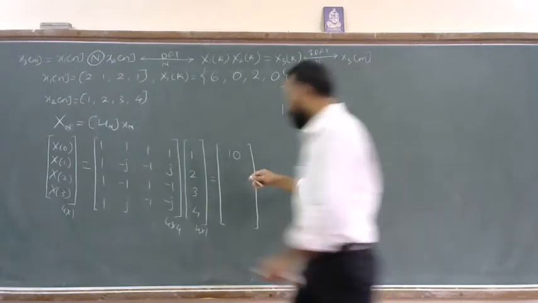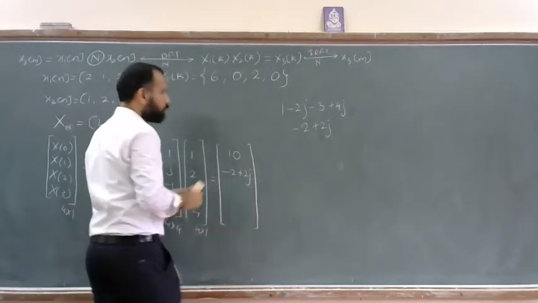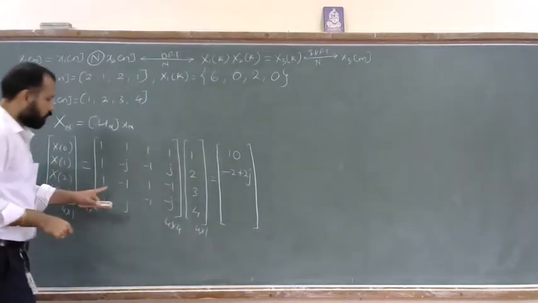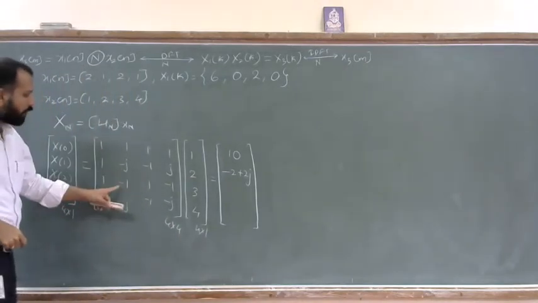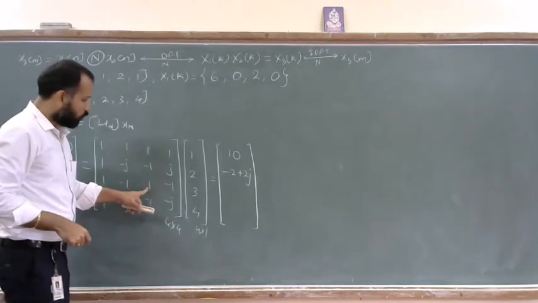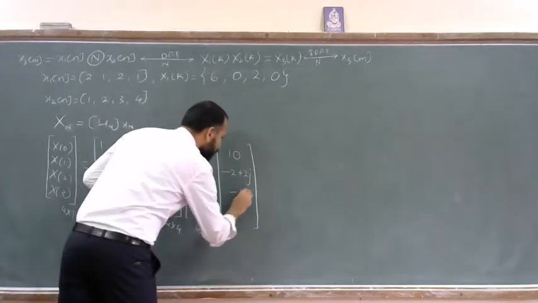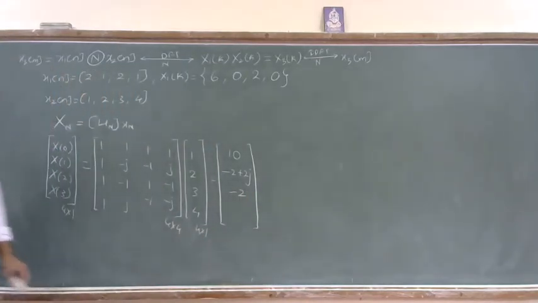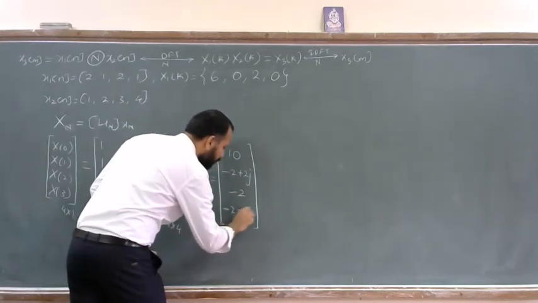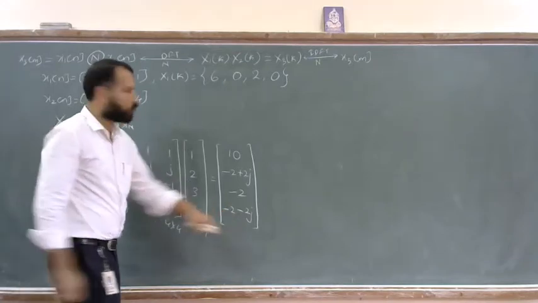So the second DFT point will be minus 2 plus 2j. Next, for the third row, it will be 1 minus 2, minus 1, plus 3, 2, 2, minus 4, minus 2. Minus 2 will be the third DFT point, and the last DFT point will be the conjugate of the second DFT point, which is minus 2 minus 2j.